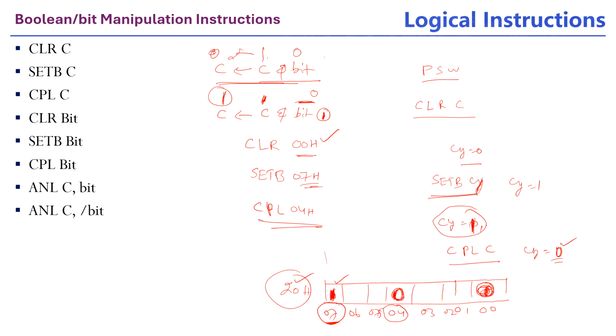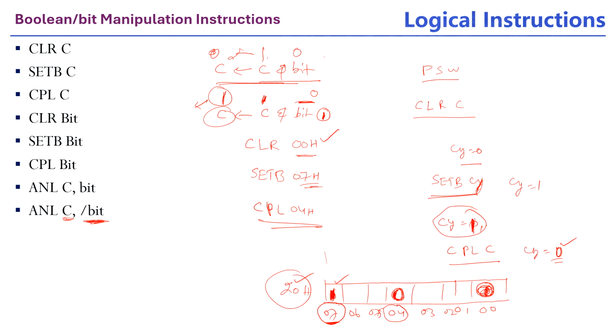So here the output is equal to 1. So this instruction performs a logical AND operation between the carry flag and the inverse of the bit specified in the instruction, and the result is saved in the carry flag only.